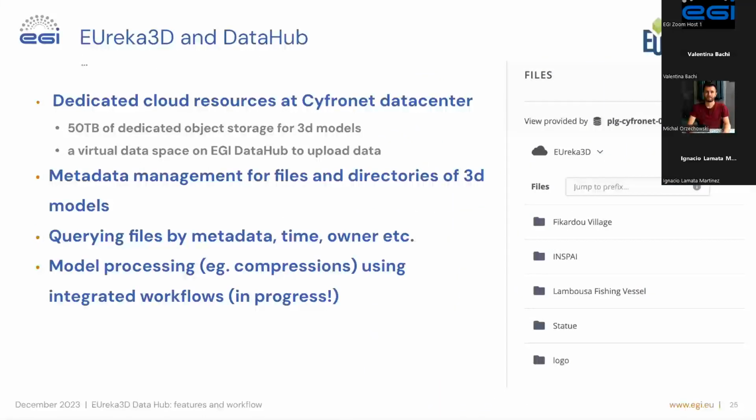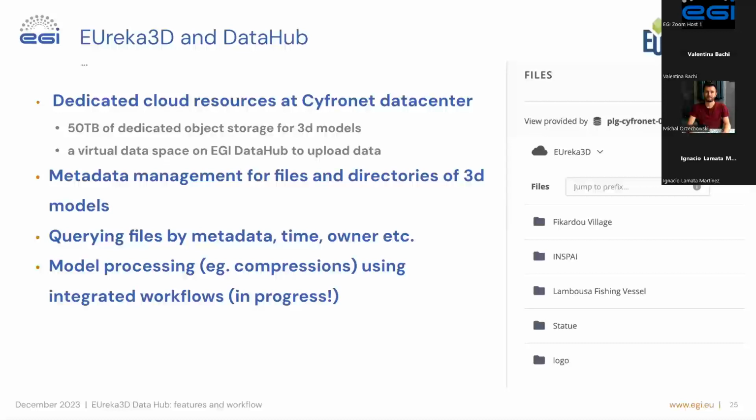And the EGI Data Hub in EUreka3D serves as a dedicated cloud resource hosted in Cybernet data centers. We are providing 50 terabytes of dedicated object storage for 3D models, a virtual data space for everyone in EUreka3D to collaborate and upload their data.